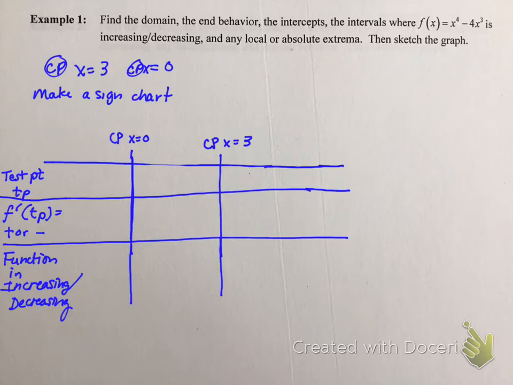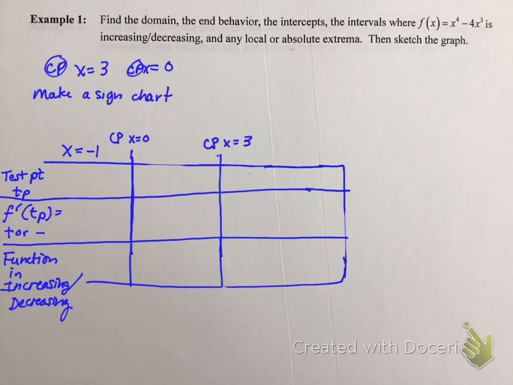All right, so the first thing I have to do is find a test point, a value on both sides of each critical point. If I look at this, I have x equals 0. I'm going to put x equals -1. That should be easy to plug in.